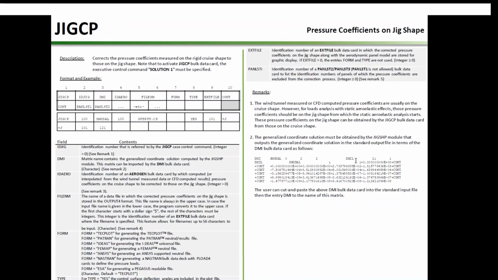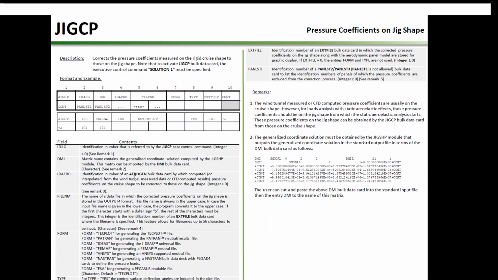Okay, now if we want to calculate the CP on the jig shape, you use the JIGCP case control card to refer to the JIGCP matrix name, which contains the generalized coordinates computed by the jig shape module. So you can cut and paste this DMI card from the output file when you perform the jig shape analysis, and paste it in the input file when you want to do the JIGCP analysis.